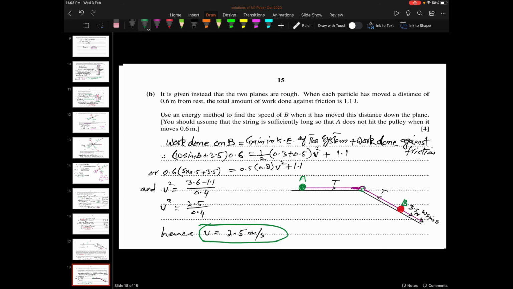Now it is clear from the figure that two forces are acting on particle B down the plane. These forces are 3.5 Newton and W sine theta.